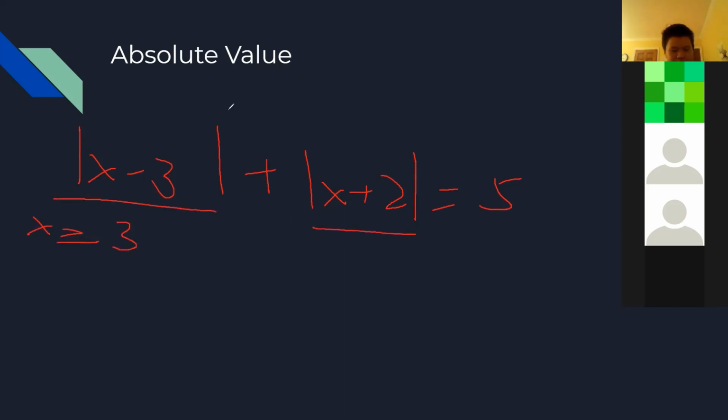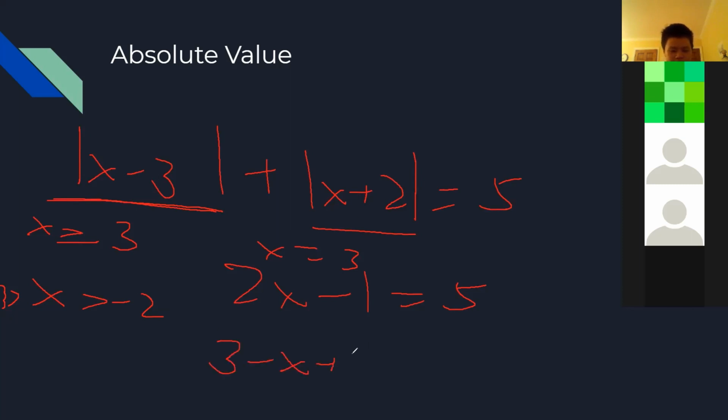So we can here not slash out, I should say, 2x minus 1 equals 5. So x equals 3 is the solution, and you plug it in to check, and it works. What if x is less than 3, but bigger than -2? Well, now that x is less than 3, this is negative. So this needs to be flipped to become positive, and this stays the same.